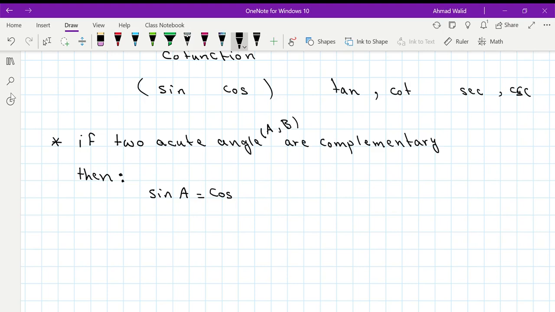Sine of angle A, whatever the angle is, equals the cosine of its complementary, cosine of 90 minus A. Correct? Cosine of angle A equals the sine of its complementary, 90 minus A.